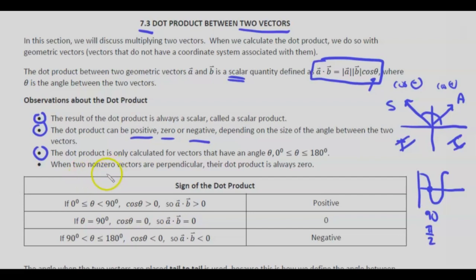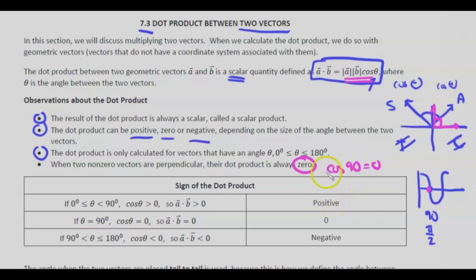When two non-zero vectors are perpendicular, 90 degrees, if vector 1 is like here and vector 2 is here, they're going to have a dot product of 0. Obviously that's because cos of 90 equals 0, right in the definition of dot product.